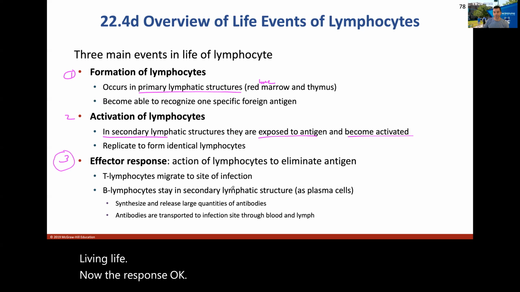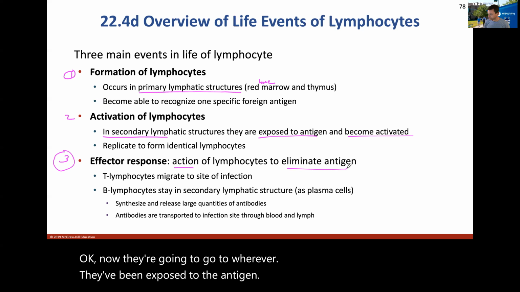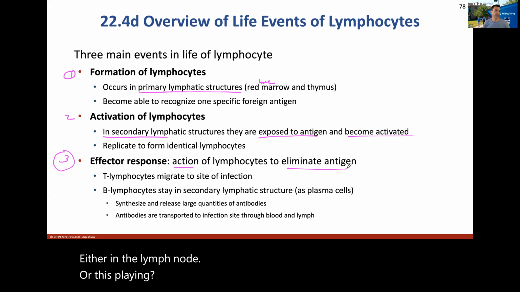The response. The effector response is activation to eliminate, okay? Now, they're going to go to wherever they've been exposed to the antigen, either in the lymph node or the spleen. So now they know it's here in their system.